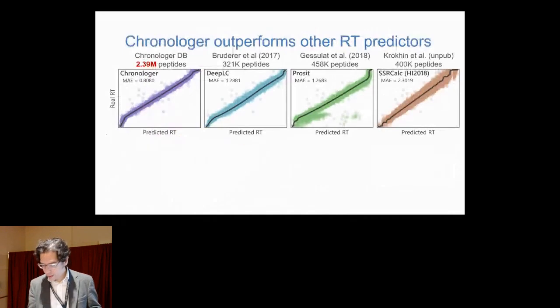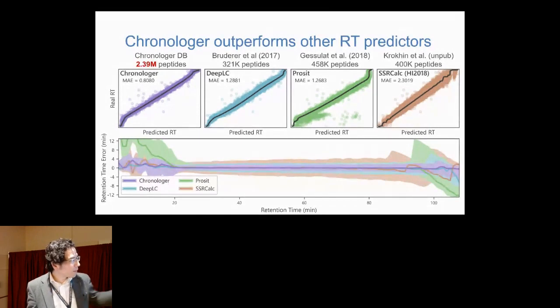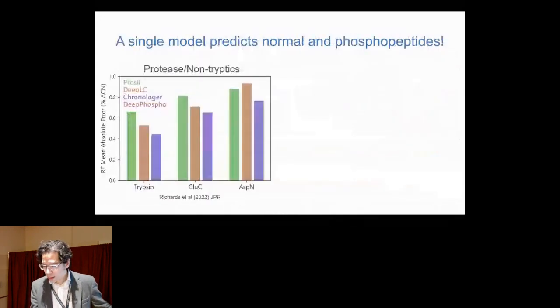Using this framework, we're able to make very accurate predictions of these peptides. In these particular cases, we're seeing about 60% reduction in mean absolute error. And if I put these on a straight line, you can see that the error of the purple trace on the bottom is much smaller than the error of the blue trace like DeepLC or the red trace, SSRCalc.